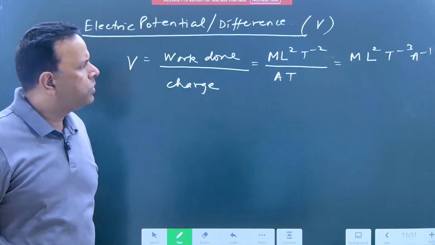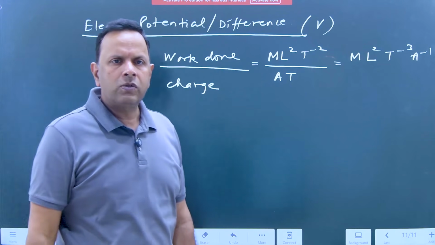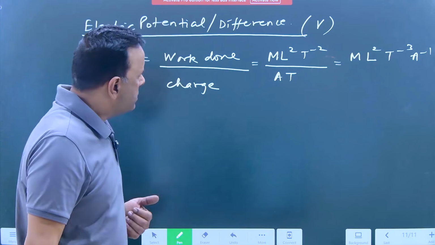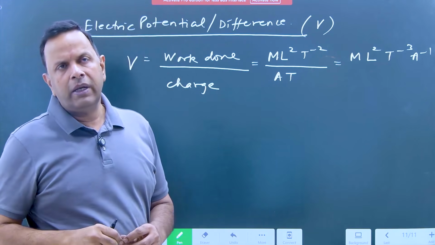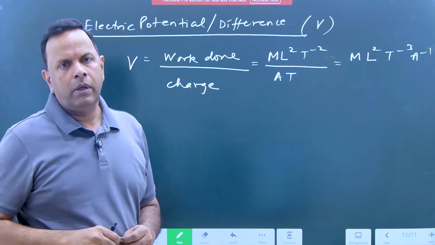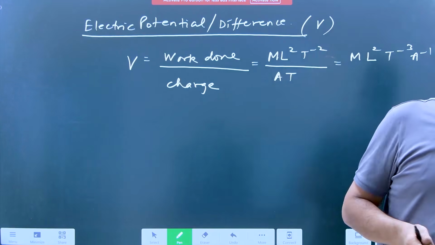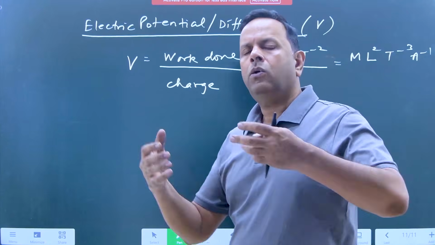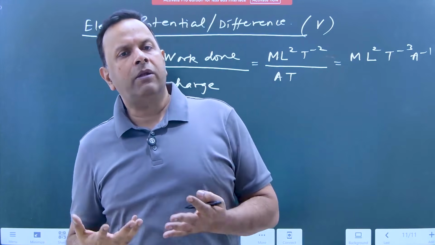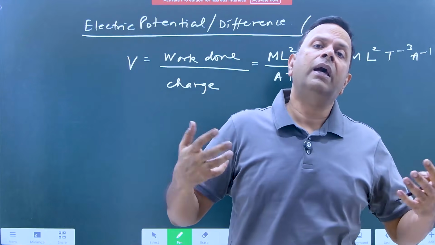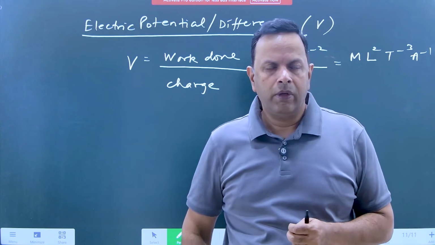So this ML2 T minus 3 A minus 1 is the dimensional formula for electric potential. All right. So I hope you are able to understand the sequence, the pattern we are following here, how we are writing the dimensional formulas, right?